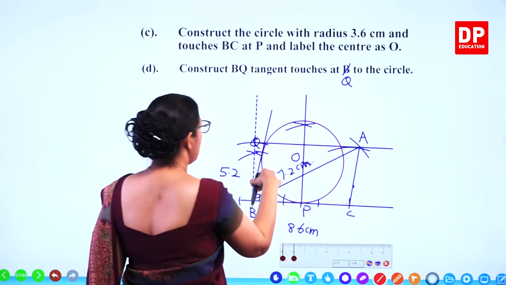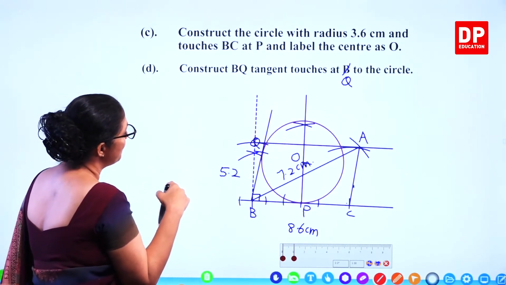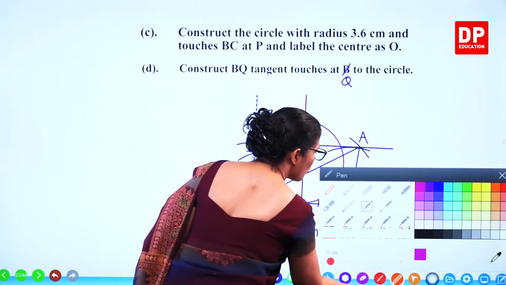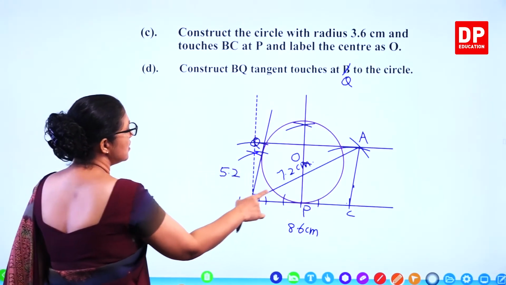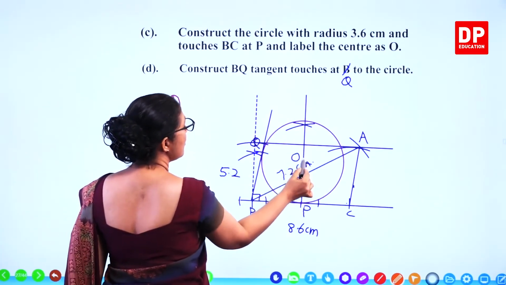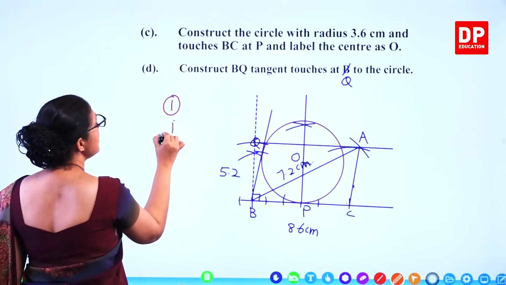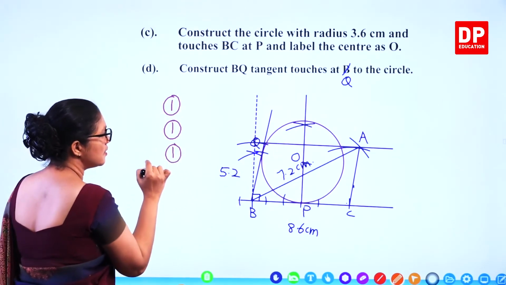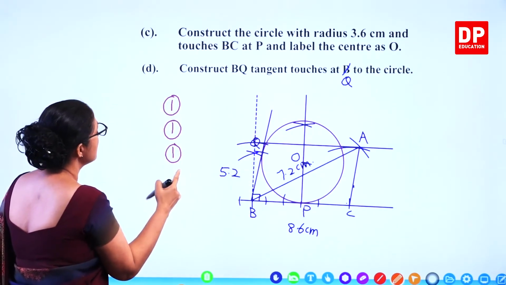So that's the BQ tangent touches at Q. So how many marks for that? You are getting 1 mark for constructing this perpendicular, 1 mark for marking the center, 1 mark for constructing the circle, and then constructing the BQ tangent, that's 1 mark.